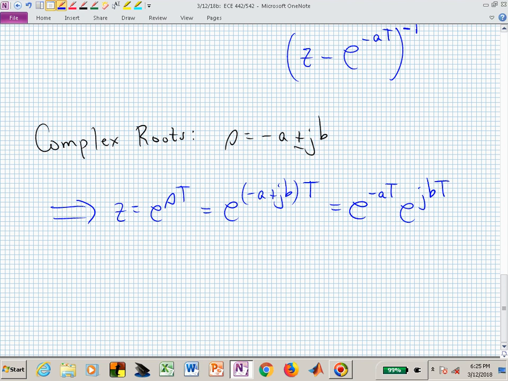And now I actually have a polar representation of that complex pole. I have a magnitude represented by e to the minus AT, and I have an angle represented by e to the jBT.